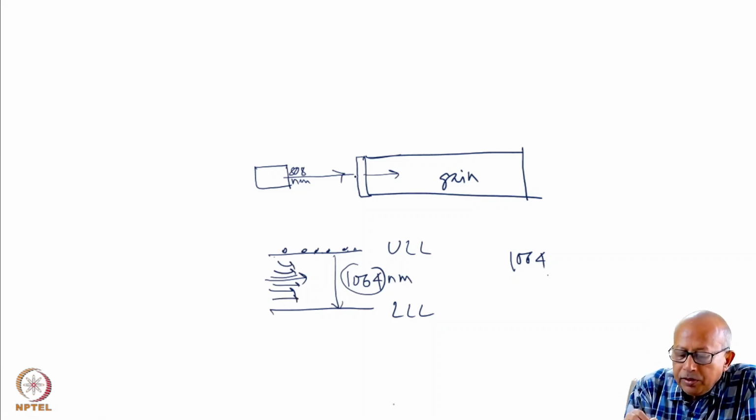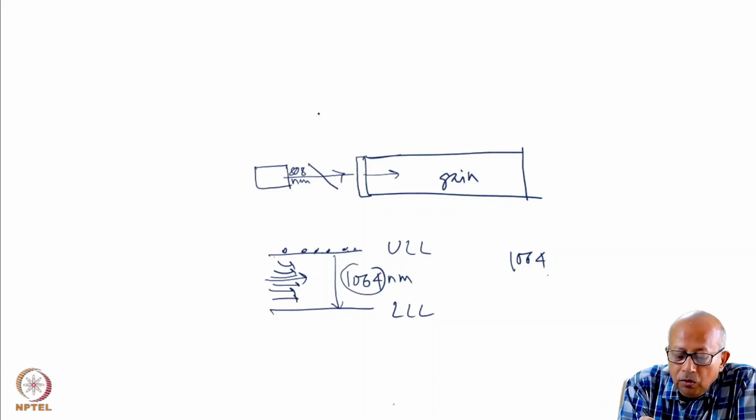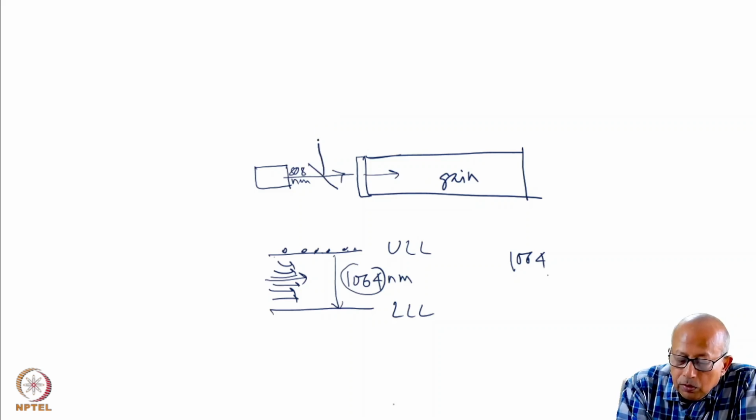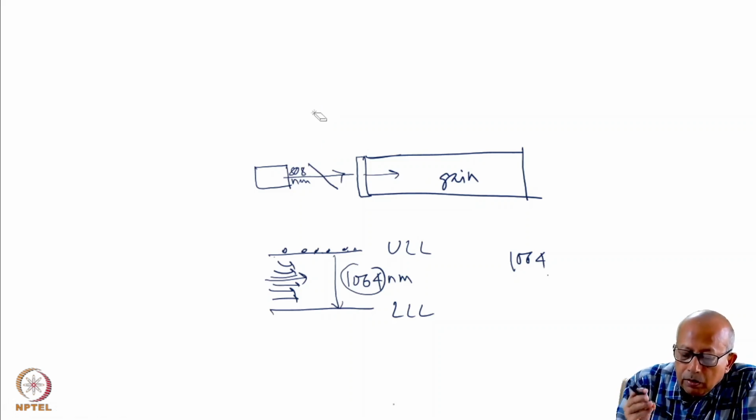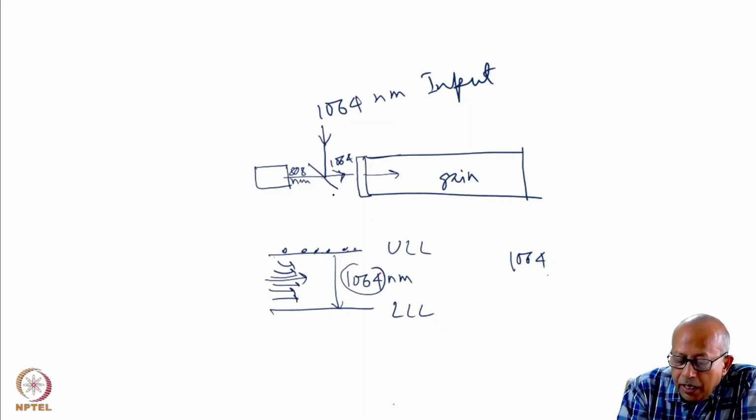So how do you couple it into it? So you use once again a special dichroic mirror. So you have your 1064 nanometer input. This reflects 1064 nanometer and transmits 808 nanometer. That needs to be transmitted because we will have to create gain in this.